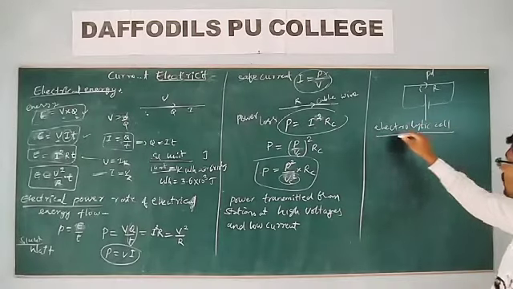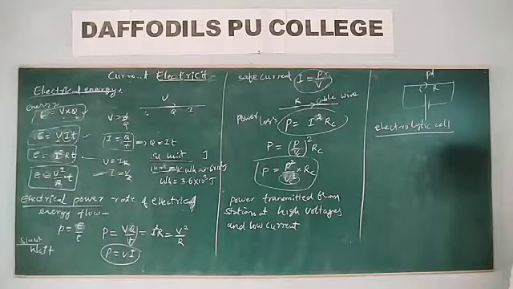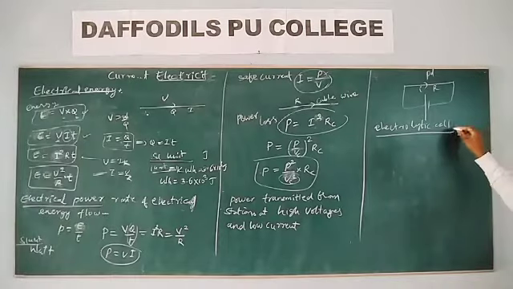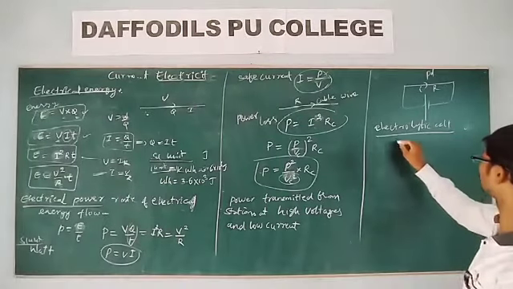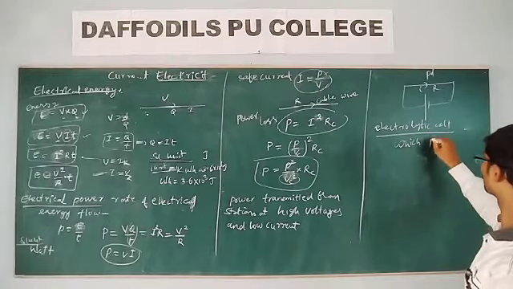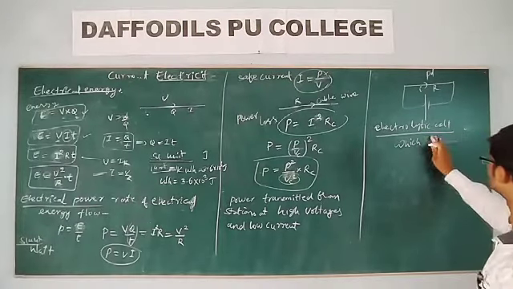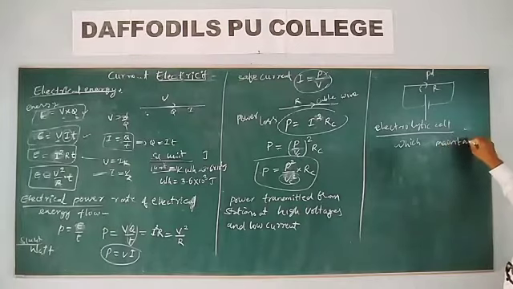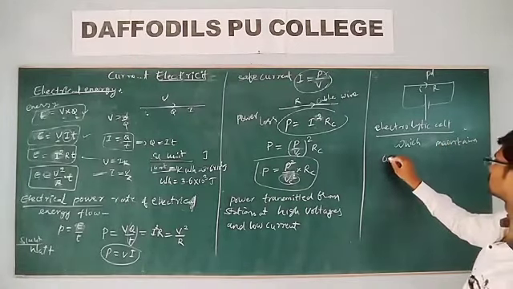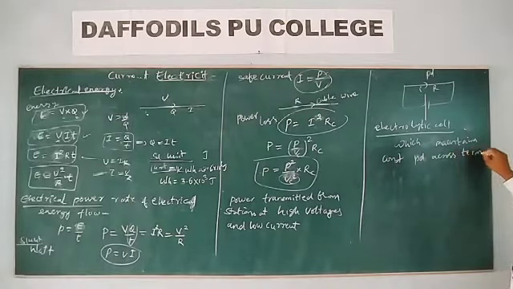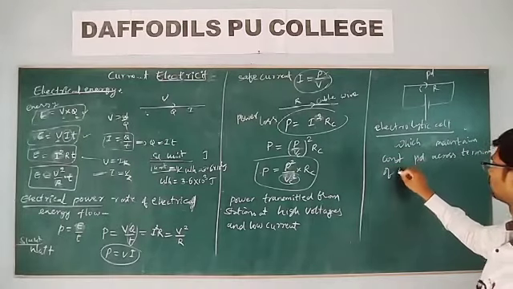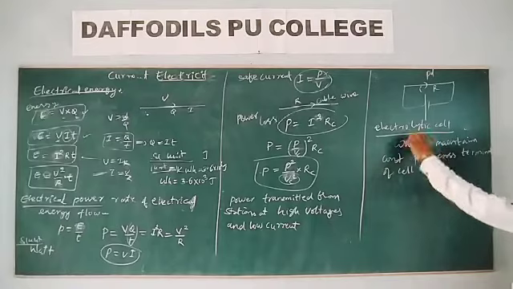An electrolytic cell is a simple device which produces or maintains a constant potential difference, or DC, direct current, across the terminals of the cell or battery.